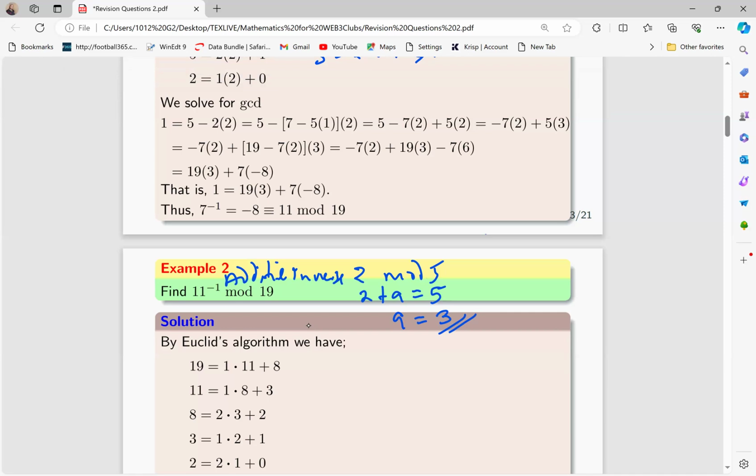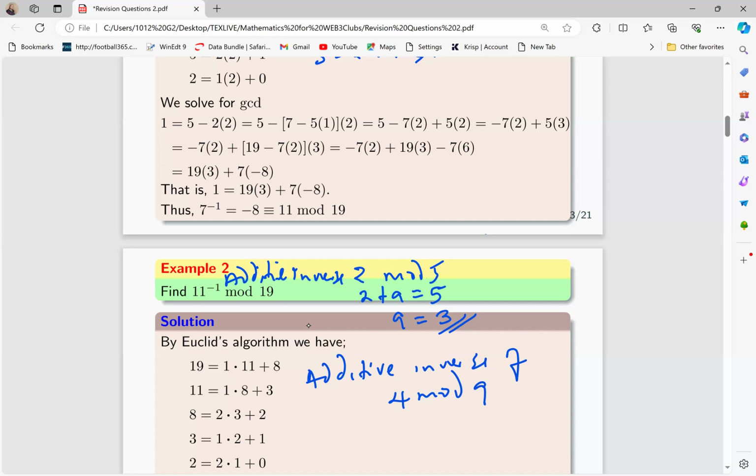What would be the additive inverse of 4 mod 9? Five.